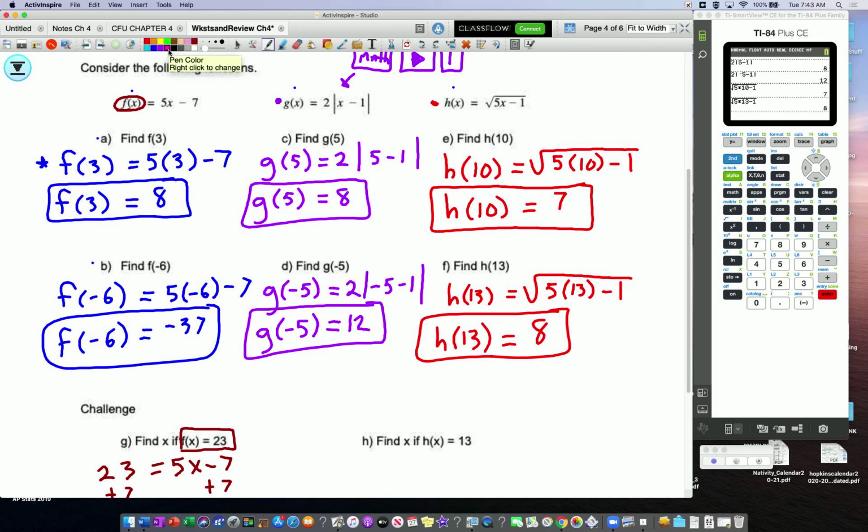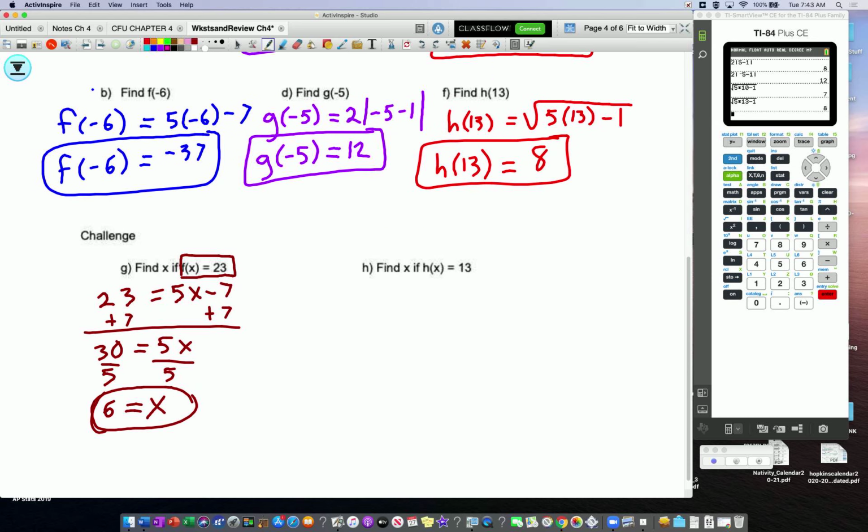All right, so last one here says find x if h of x equals 13. So I'm going to put 13 right in that spot right there. So I'm going to say 13 equals the square root of 5x minus 1.